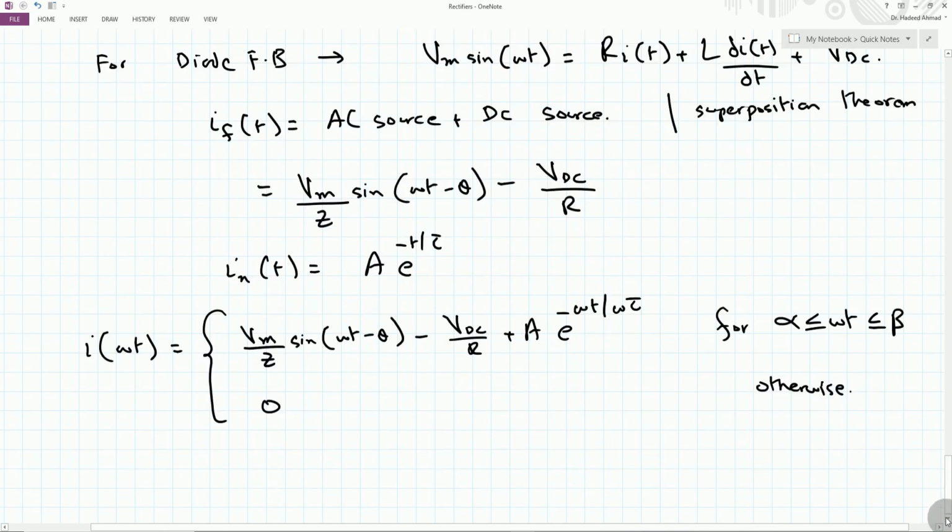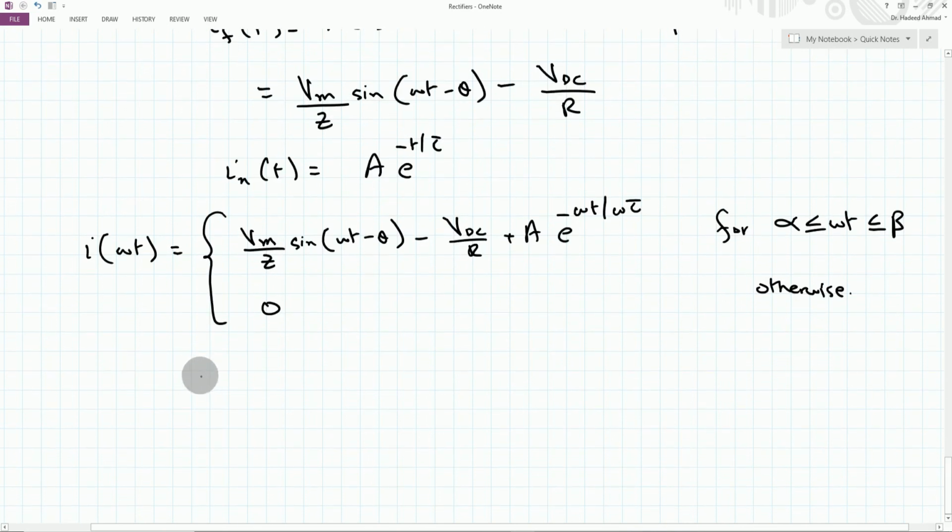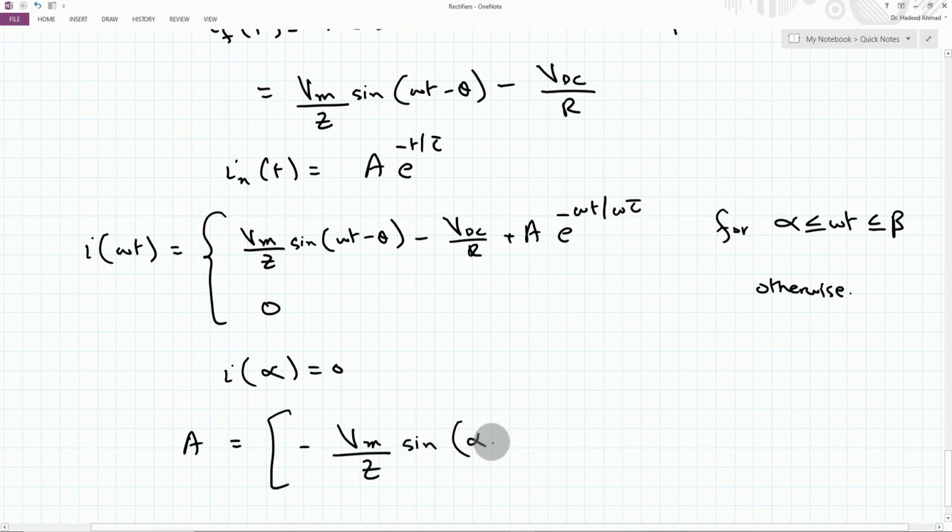Now if we apply the initial condition, then we can find out the value of A. And what is that initial condition? That i at omega t equal to alpha is 0, and therefore A becomes equal to minus Vm over Z sine(alpha minus theta) plus VDC over R, times e to the power alpha over omega tau.